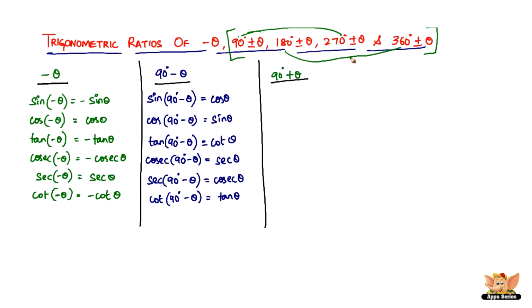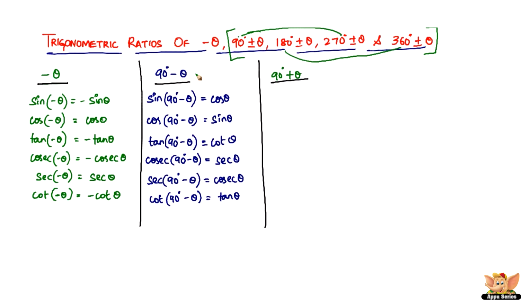The reason is that whenever there is 90 degrees, every trigonometric ratio becomes its co-ratio, not the reciprocal, but you can easily make those pairs: sine and cos, tan and cot, cosecant and secant. So sine of 90 degrees minus theta is going to become cos theta, cos is going to become sine, tan is going to become cot, cosecant is going to become secant, secant is going to become cosecant, and cot is going to become tan. But in the negative theta case, there is no such change of ratio at all.